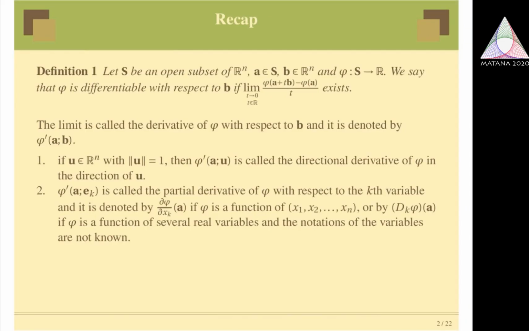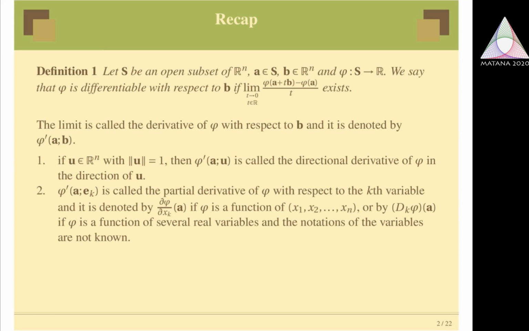Let us start with the definition of the derivative of a scalar valued function of several variables with respect to a vector b. If phi is a scalar valued function on an open subset S of R^n, a is a fixed vector in S, and b is a vector in R^n, we say that phi is differentiable with respect to b at a if the limit as t tends to 0, t in R, of (phi(a + tb) - phi(a))/t exists.